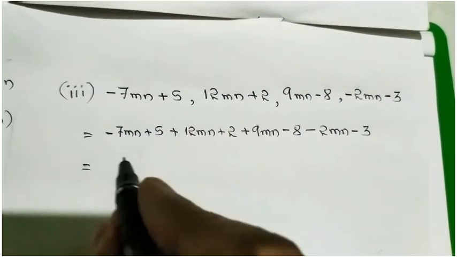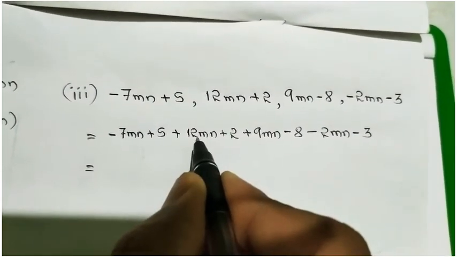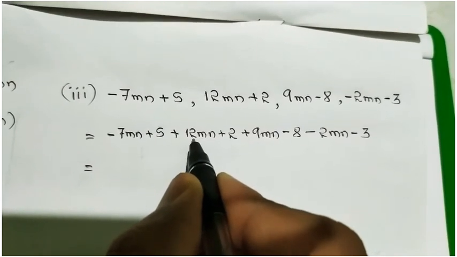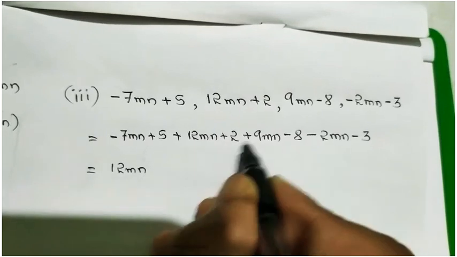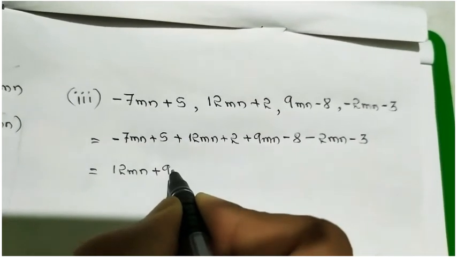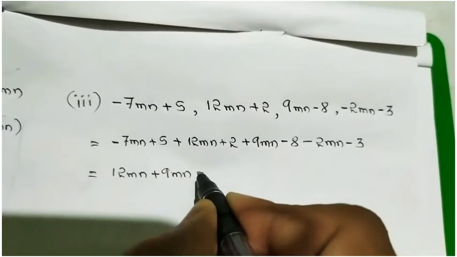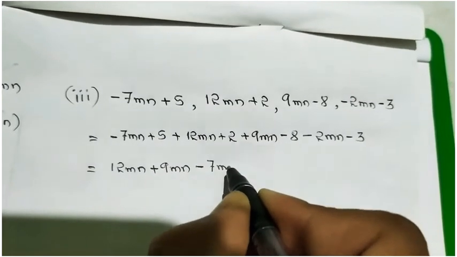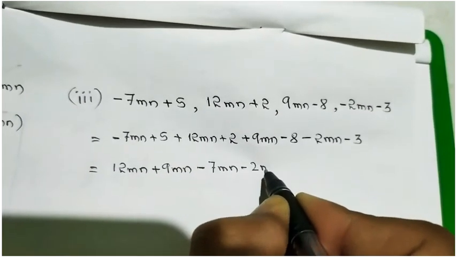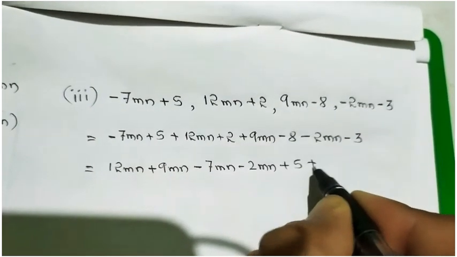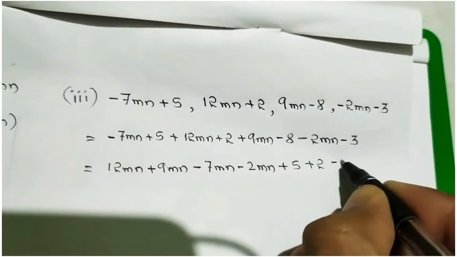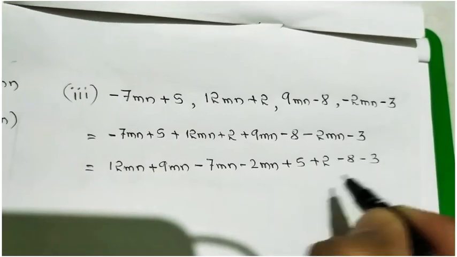Okay, write the like terms. Here positive terms you write first. Which are those? Here 12mn plus 9mn minus 7mn minus 2mn. Okay, what left? Plus 5 plus 2 minus 8 minus 3.